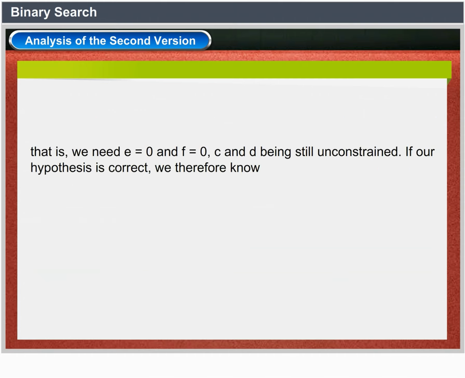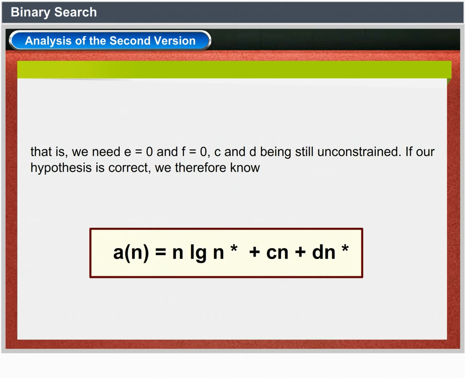That is, we need e = 0 and f = 0, c and d being still unconstrained. If our hypothesis is correct, we therefore know a(n) = n log n* + cn + dn*.